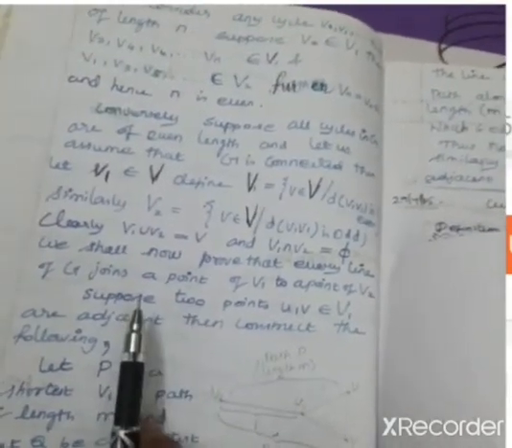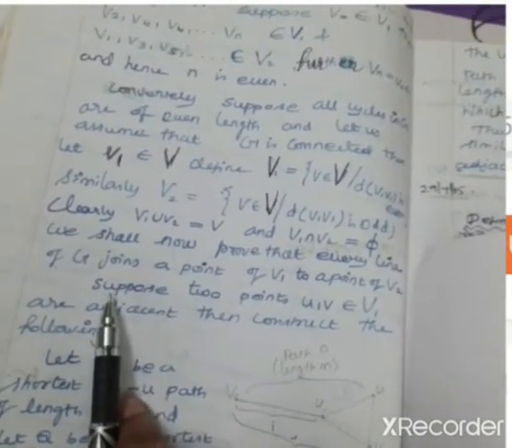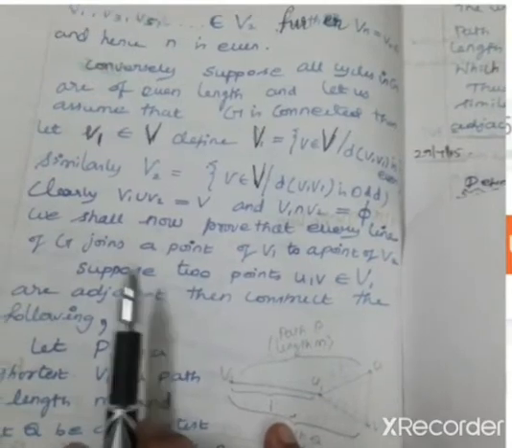I have to prove G is bipartite. That means there will be a line joining from V1 to V2. This is what I have to prove, which means there is no adjacency on the same vertex set V1, followed by V2. I am going to apply the method of contradiction. Let's suppose G is not bipartite.